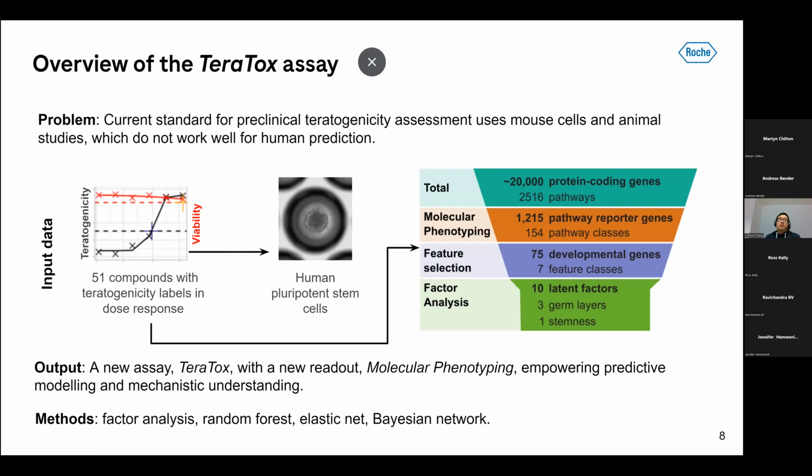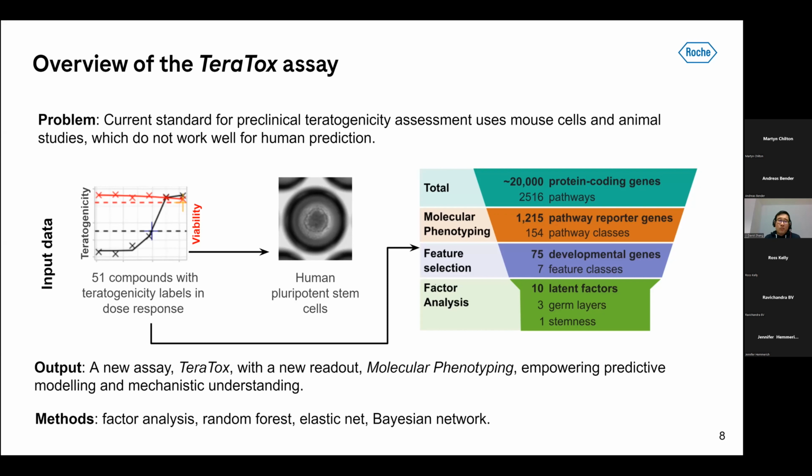So the problem is also very nicely shown by Jennifer in her slides: teratogenicity of, for example, thalidomide. If you ask people outside of pharma what scandals they know about pharma, I think one of the top answers would be the teratogenicity of thalidomide in the 1950s.